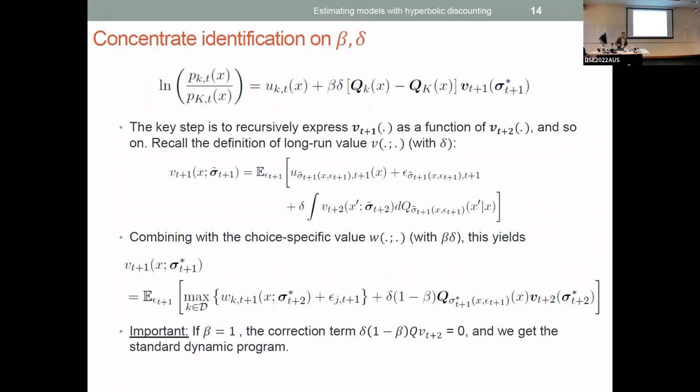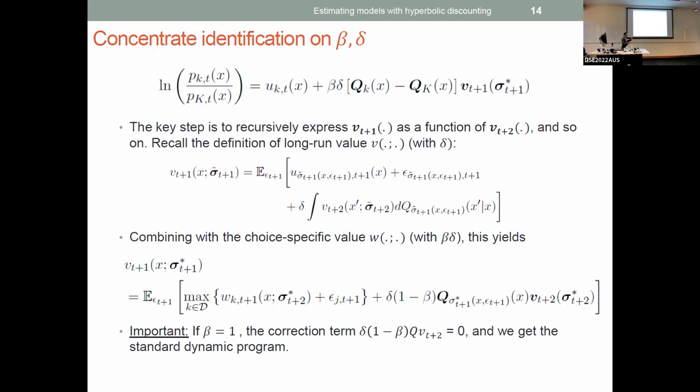And here's the key step. V t plus 1 can be expressed alternatively as a function of the choice-specific value function and a correction term. This is really the key departure from geometric discounting models.